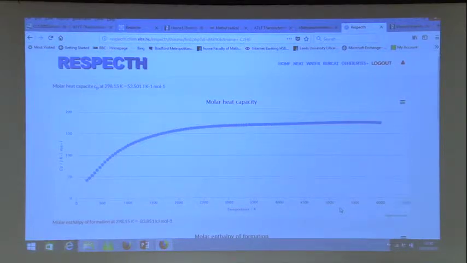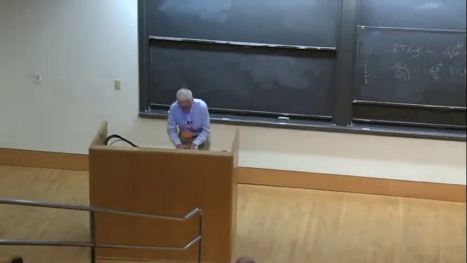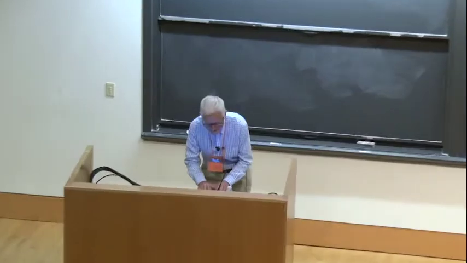One of the nice things is that you can go into here and actually get the heat capacity at any specific temperature. So there's the heat capacity at 2300 K, which is 163.285. I suspect not quite that amount of accuracy is appropriate, but you can get it under any of these circumstances around here. So it's really quite useful.